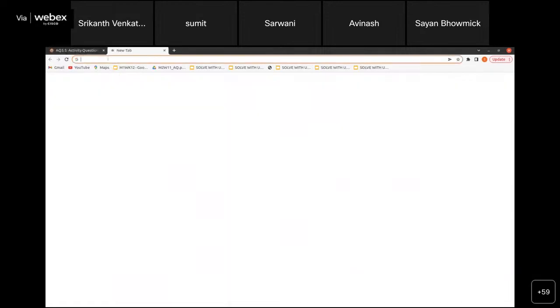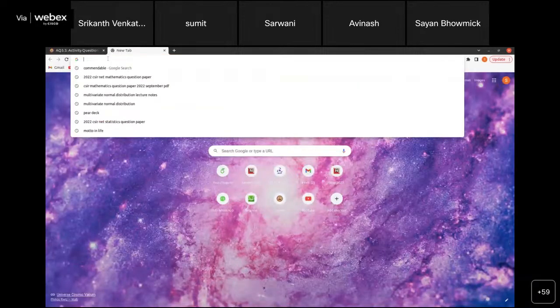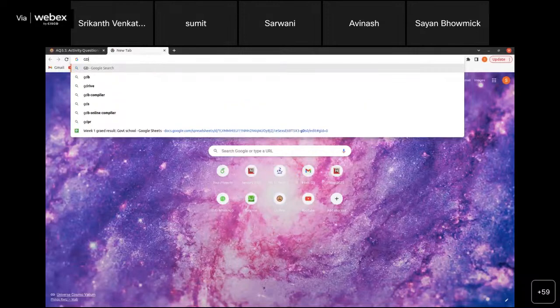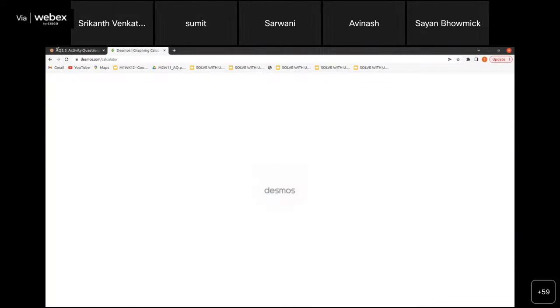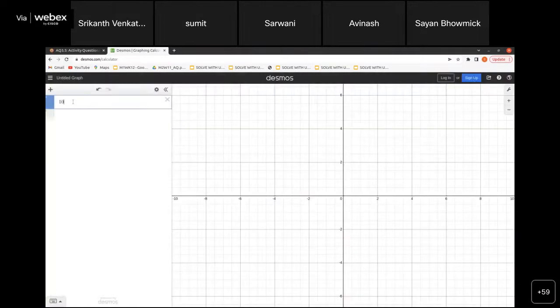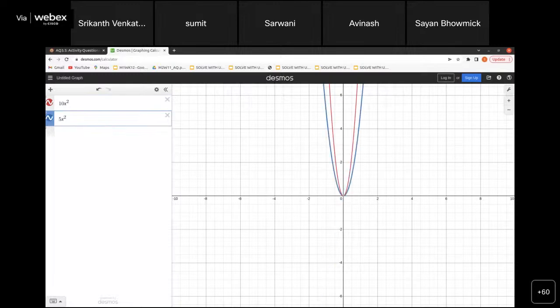Let us move to a few graphs. I would like to show it visually so that you will get the idea. 10x square graph will be like this. 5x square will be like this.